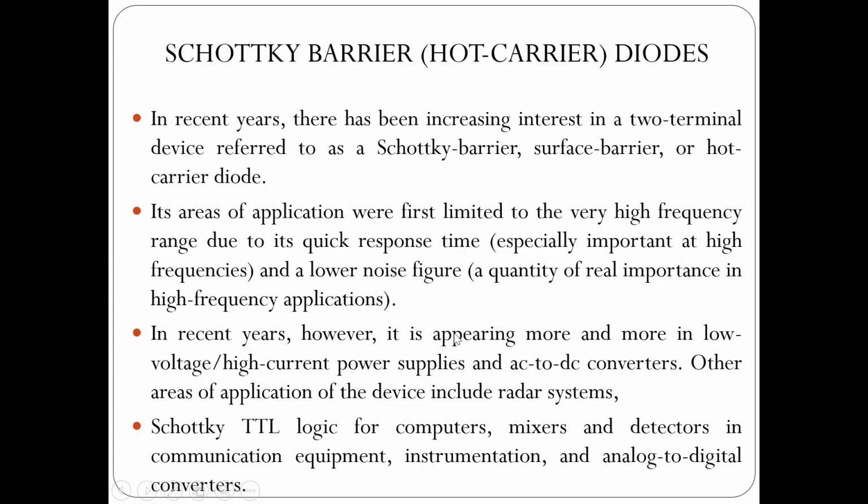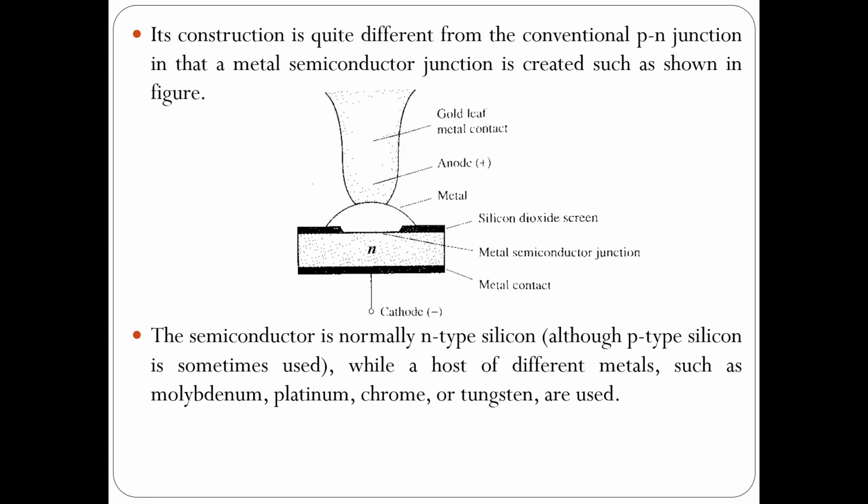In recent years, however, it is appearing more and more in low voltage and high current power supplies and AC to DC converters, Schottky TTL logic for computers, mixers and detectors in communication equipment, instrumentation and analog to digital converters.